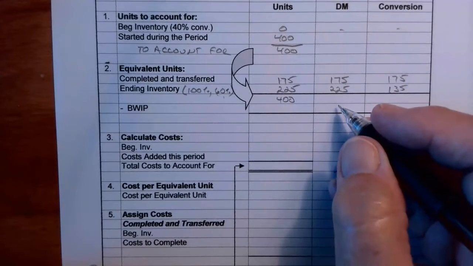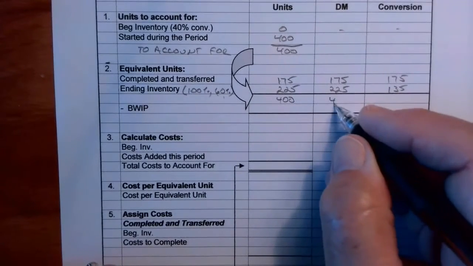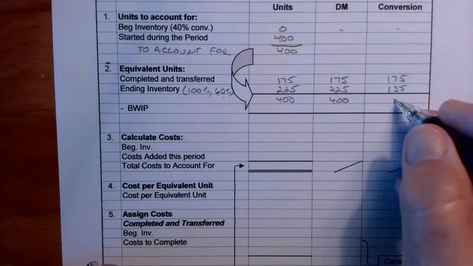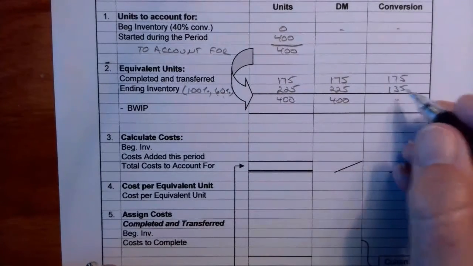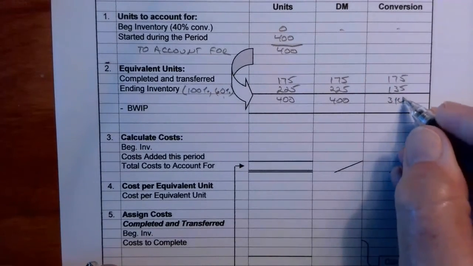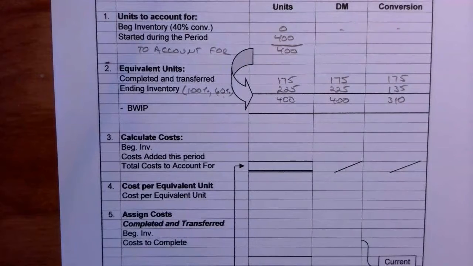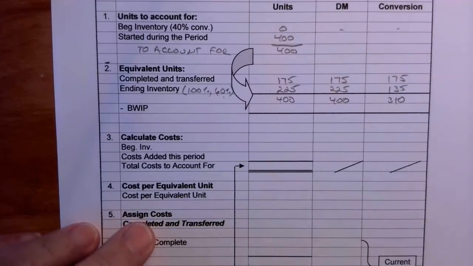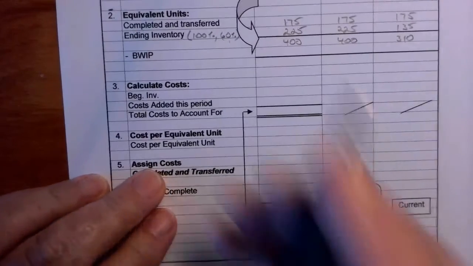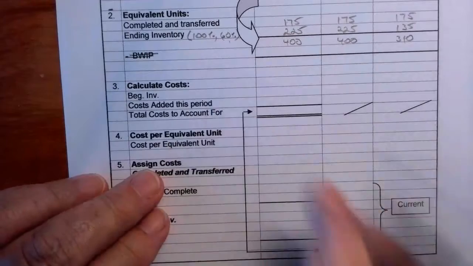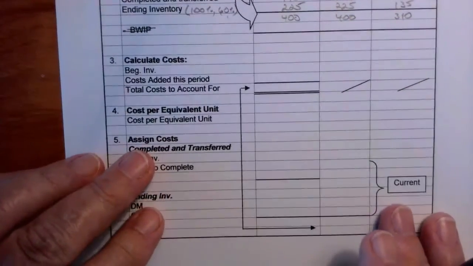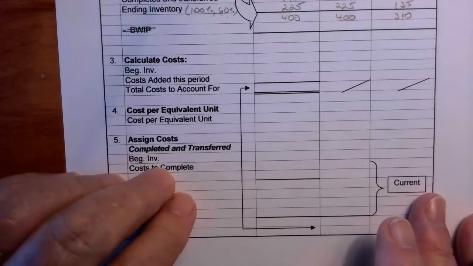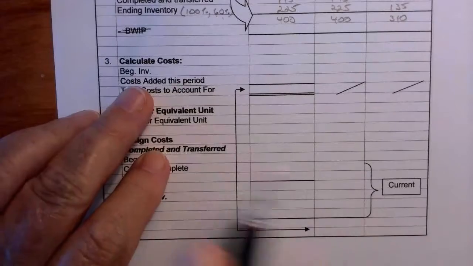So I've got 400 equivalent units for materials and 310 for conversion. We don't have to worry about beginning work in process here, so just stop here. This is just an overall, the beginning. It gets more complicated, but we'll start here.